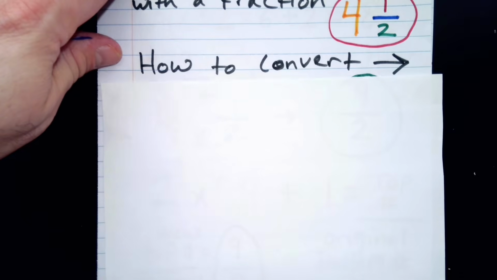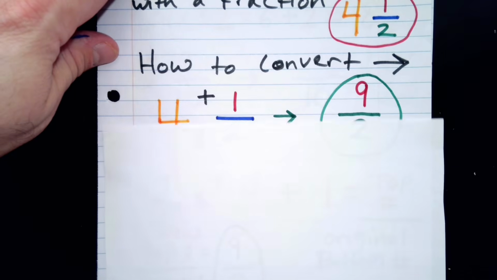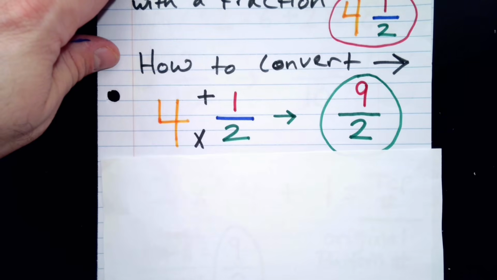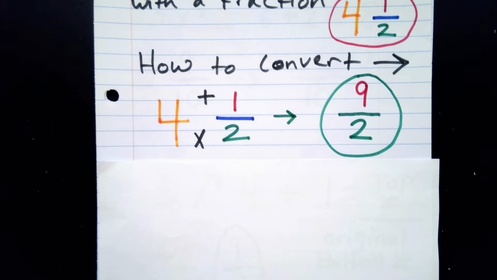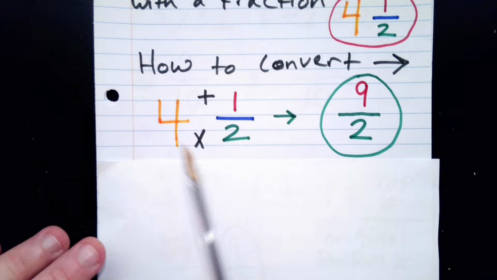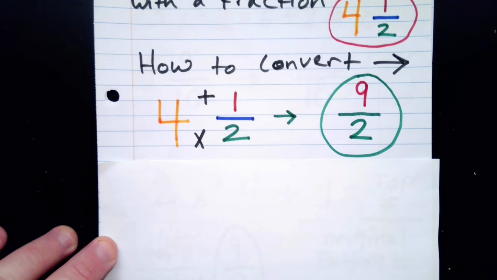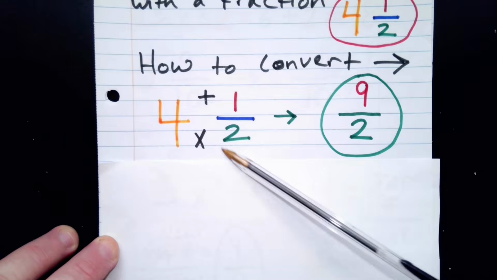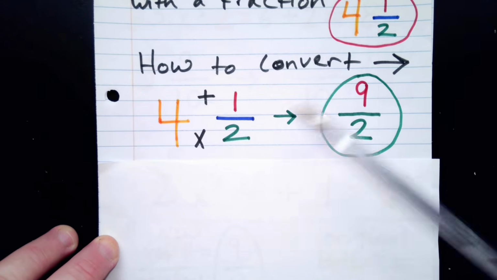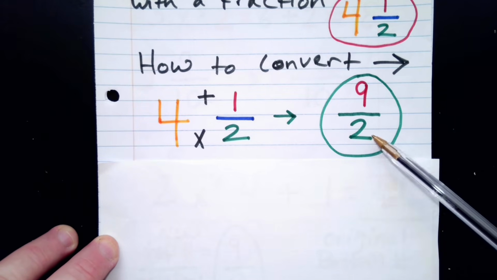There is somewhat of a formula. Let's go ahead and take a look at it right here. You're going to take this mixed number, 4 and 1/2. Now, before I say anything, this denominator, the original bottom part of your fraction, will always just stay the same.